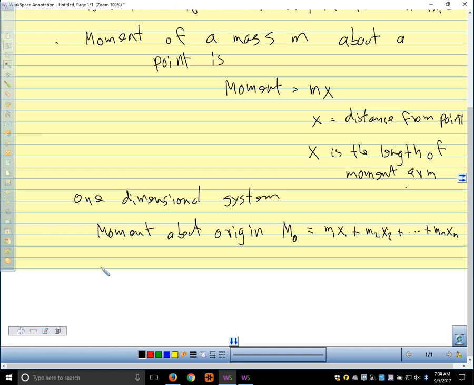The center of mass, and from here on out I'll abbreviate COM, we write as x bar, is the moment divided by m, where m is the total mass.